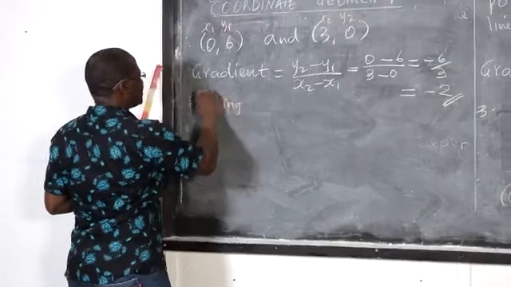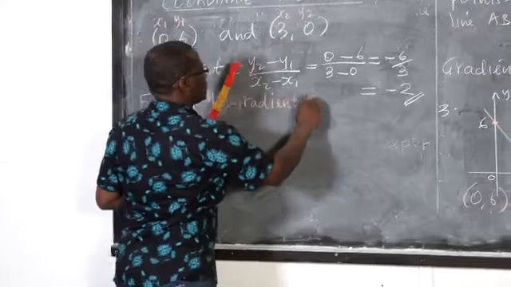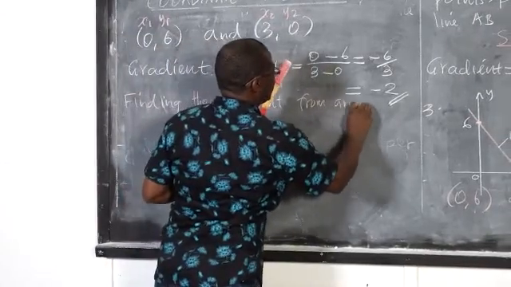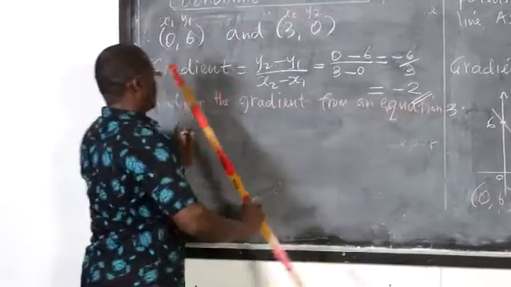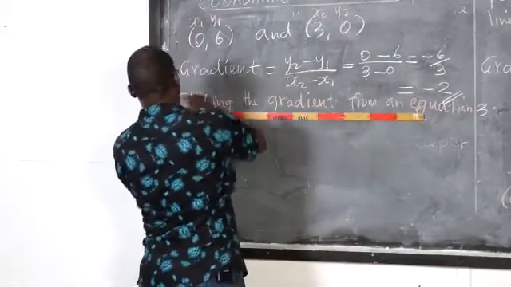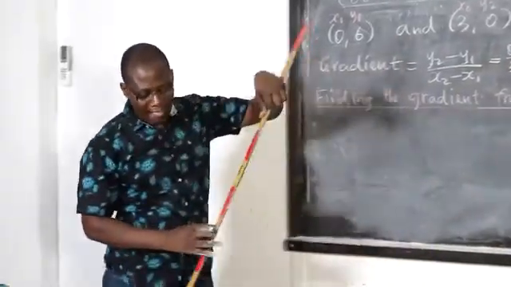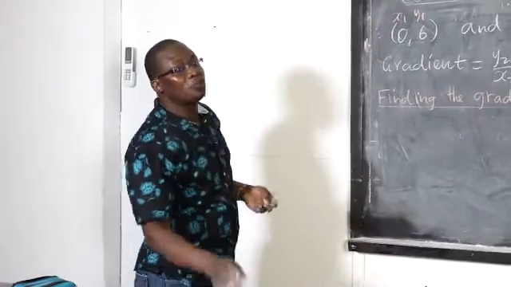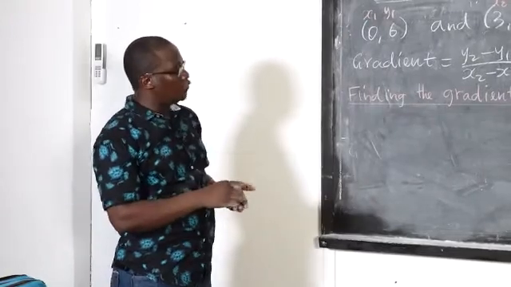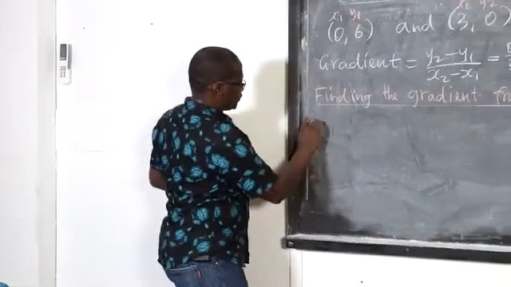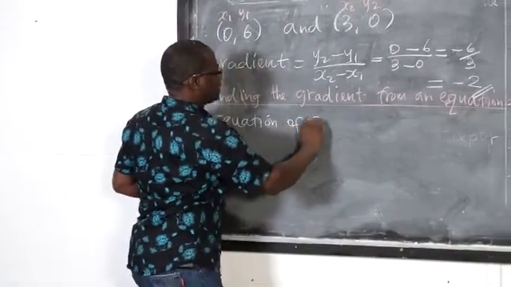So we have finding the gradient from an equation. So this is whereby you are not given the coordinates. So you need to know this. This is very, very important. The equation of a line, of a straight line.